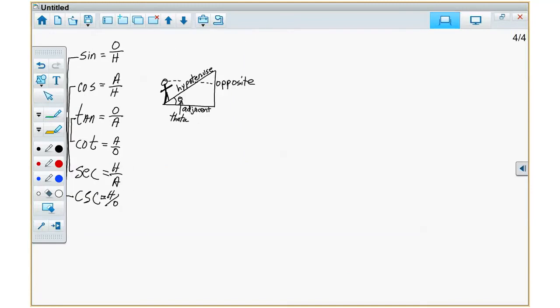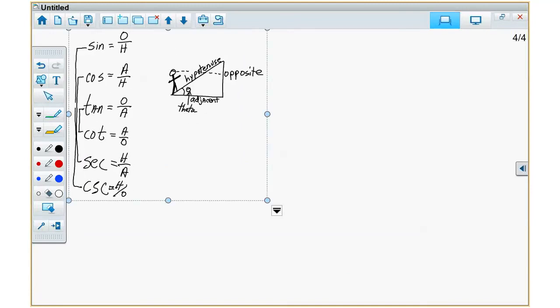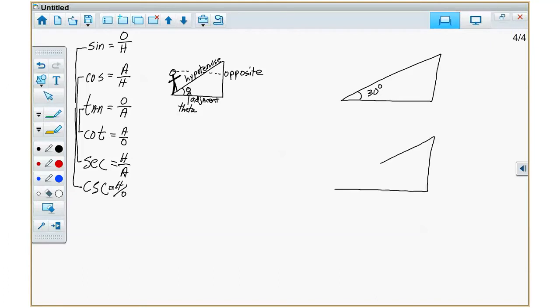Now, there's three angles that I told you about. One is 30 degrees. One is 45 degrees.